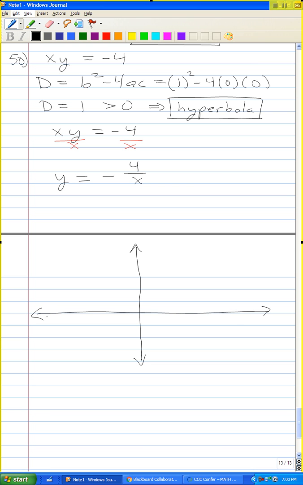Basically, this looks like a reflection of y equals 4 over x about the x-axis.